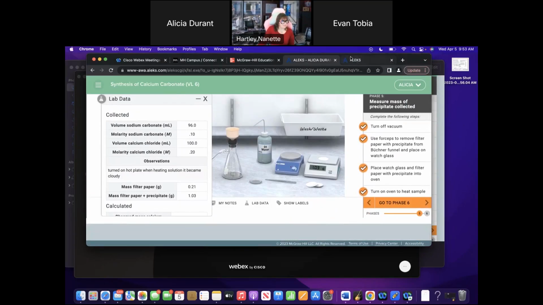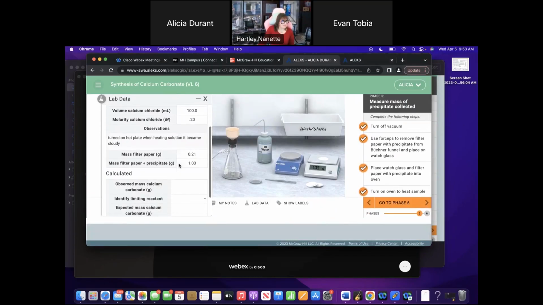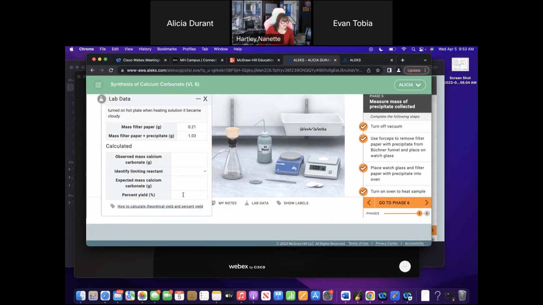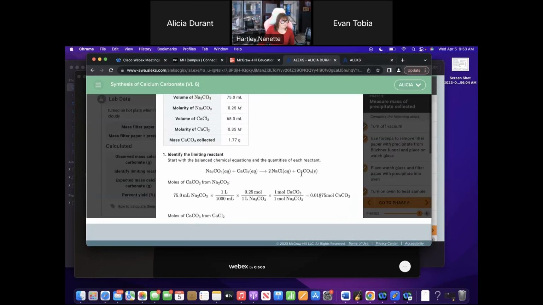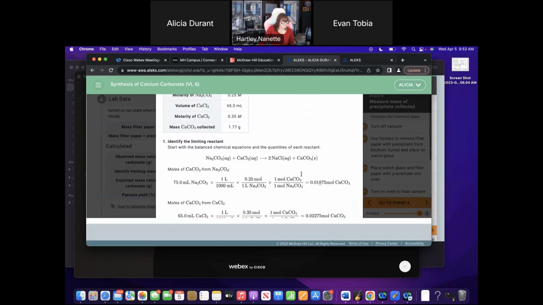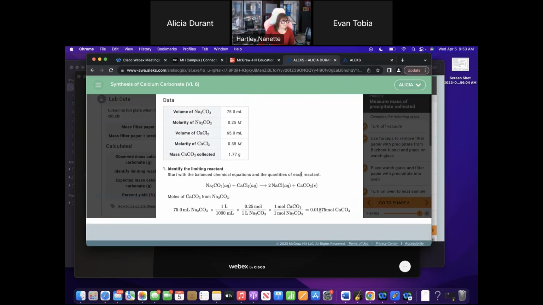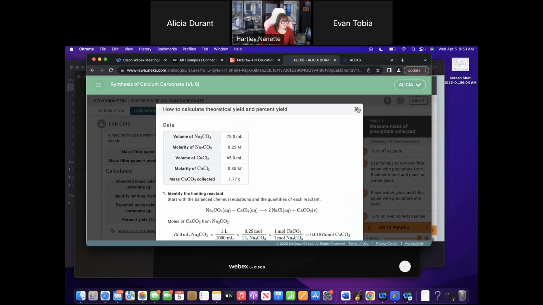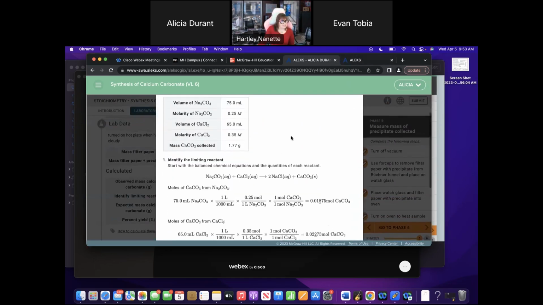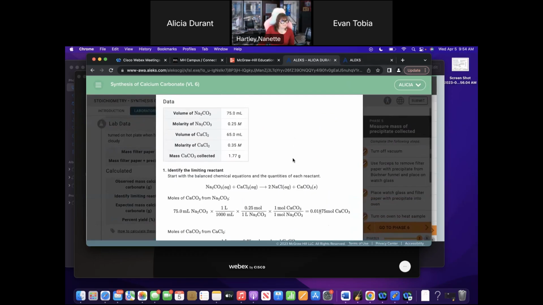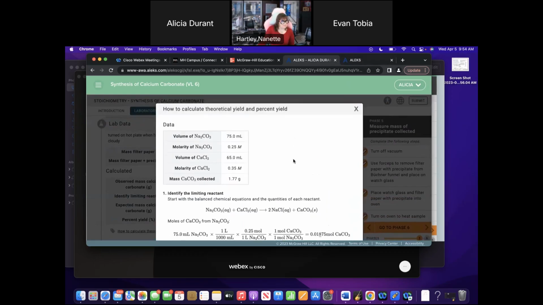I saw your email and you gave me the equation. It had this here too, right? I tried to use this and I still felt like these numbers don't seem right. I guess because I did my limiting reagent as the same thing that they did.